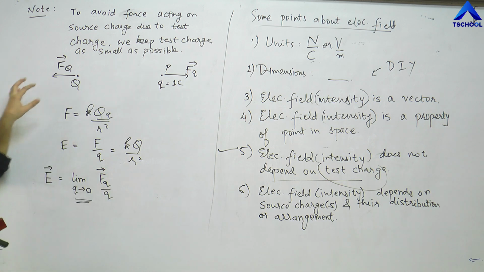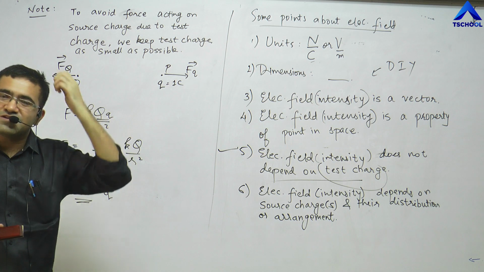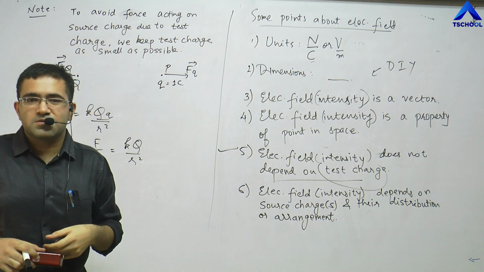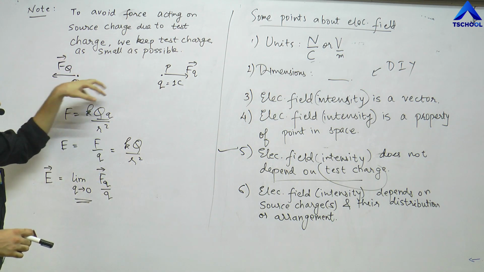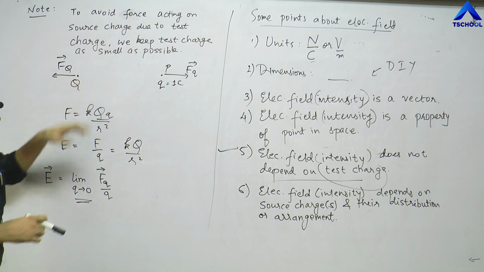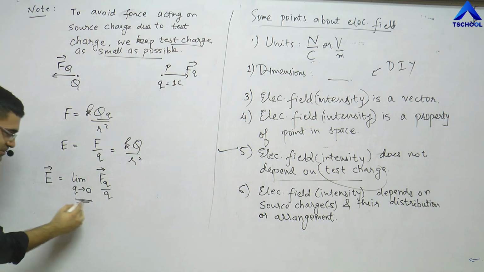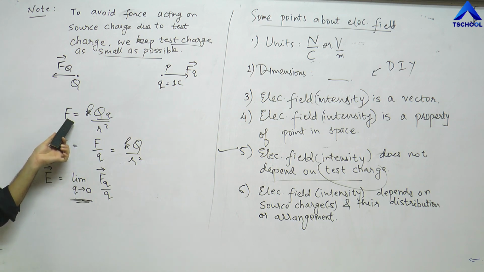So please keep this in mind. Although the definition says the electric field intensity is the force acting on a unit positive test charge, if you want to measure it without disturbing this charge, the way to do it would be to keep the test charge as small as possible, that is, small q tending to 0, and in that case the force will be very small, right?